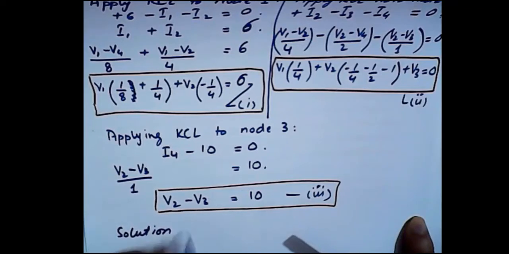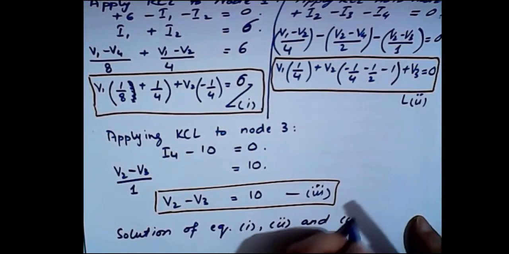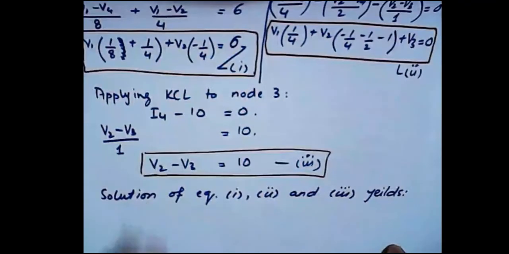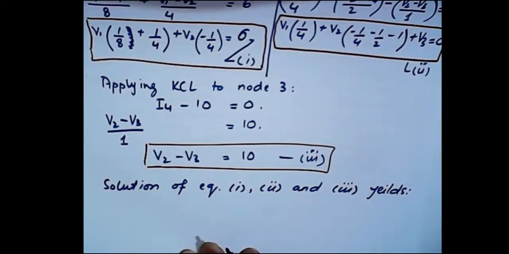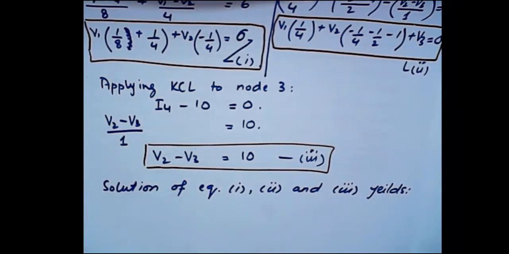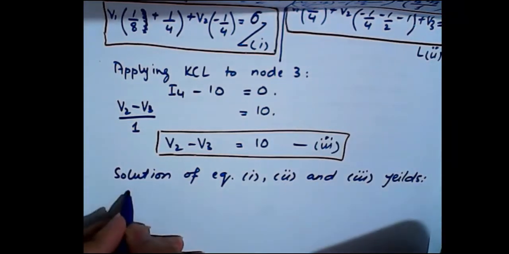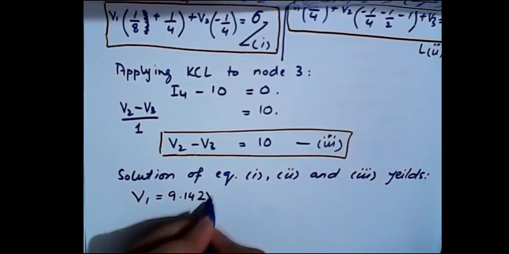Solution of equation 1, 2 and 3 yields, when we solve equations 1, 2 and 3 in the calculator, it will give the solution as V1 as 9.142 volts, right?